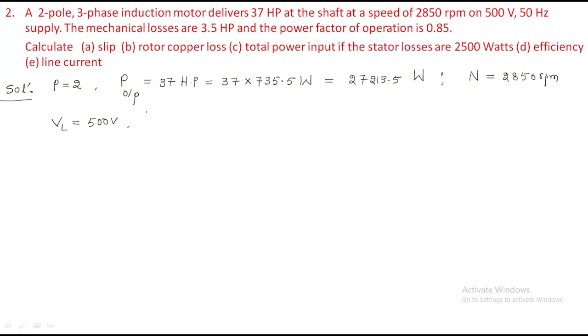The frequency is 50 Hz, always 50 Hz. And the mechanical losses, they mention the mechanical loss, that is 3.5 horsepower, and we can convert these mechanical losses into watts. Again 735.5 watts.